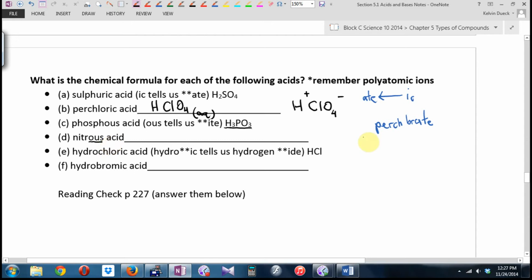That tells us it's hydrogen and nitrite. So hydrogen, I know the formula for. It is H and it's a plus. What's nitrite? I know I don't know what it is.